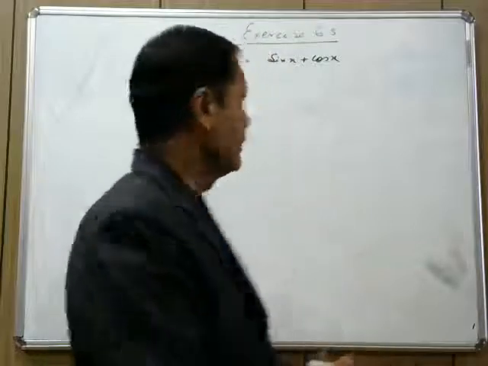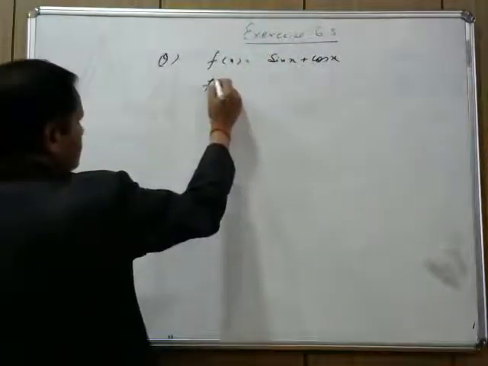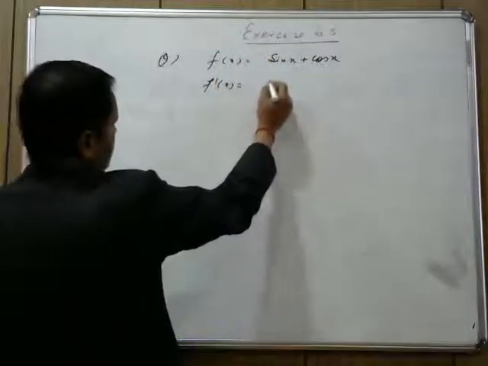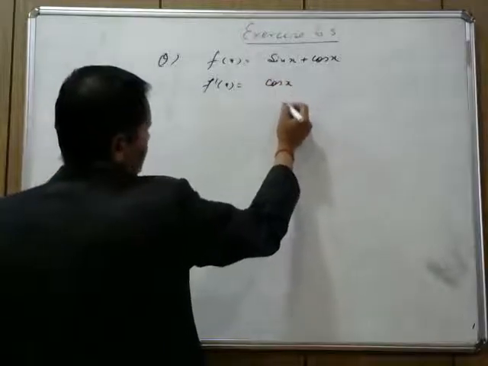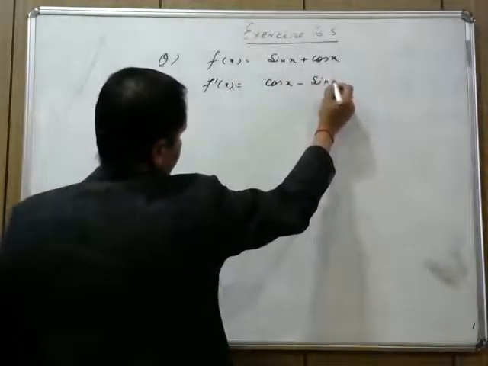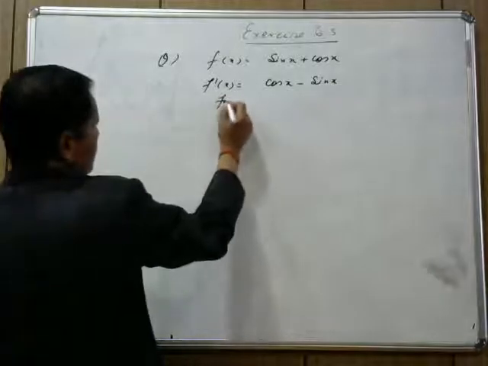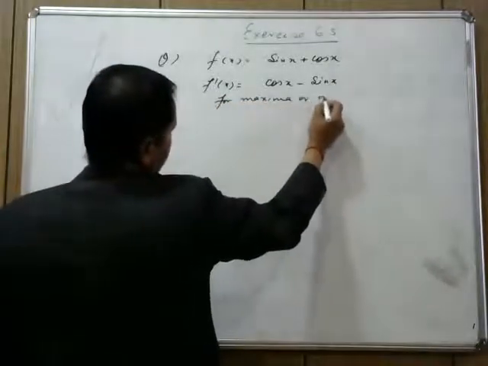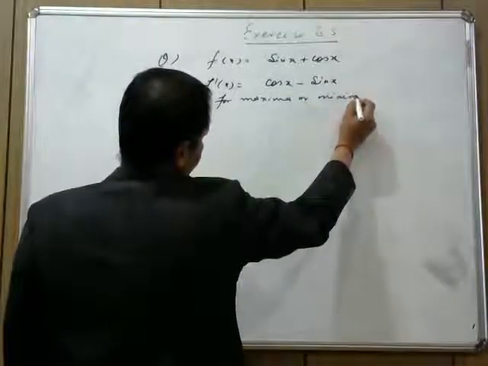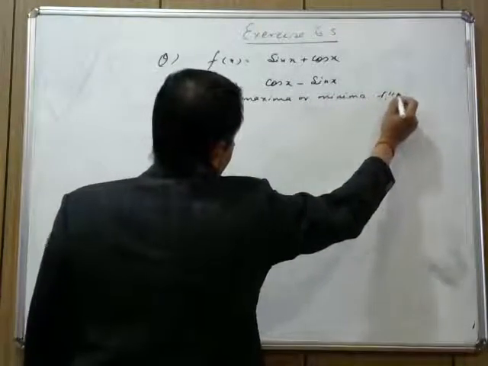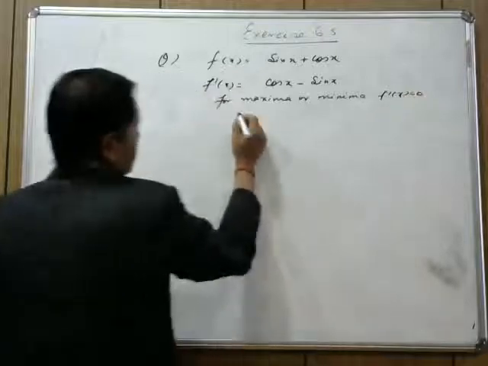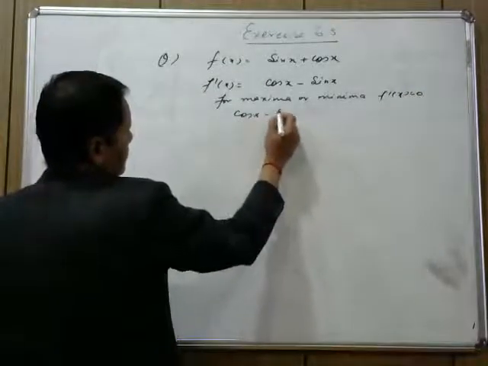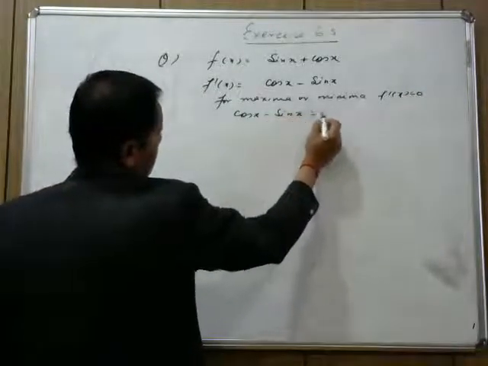So now f dash of x is equal to the differential of sin x plus cos x, which is cos x minus sin x. For maxima or minima, f dash of x equal to 0, it implies that cos x minus sin x is equal to 0.